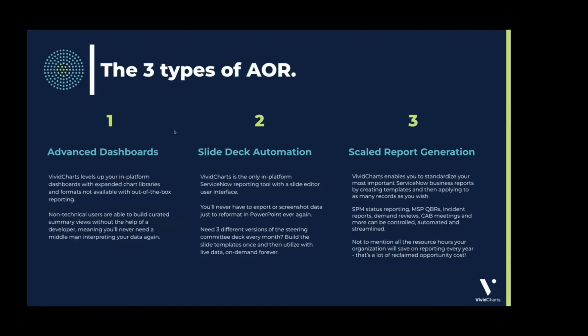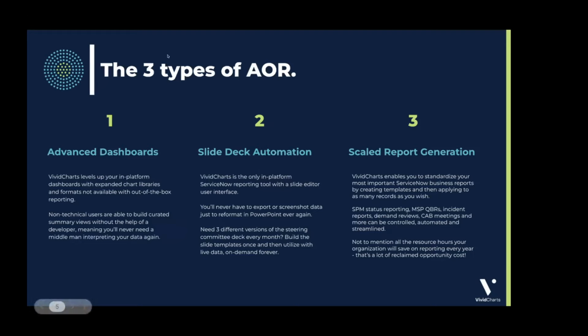Now, just to rehash this from the previous webinar, where we covered this conceptually in slides and did a demo of each of these three report types in the product. There are three automated operational report types that VividCharts helps customers support and get out of unstructured data environments like Excel and PowerPoint.